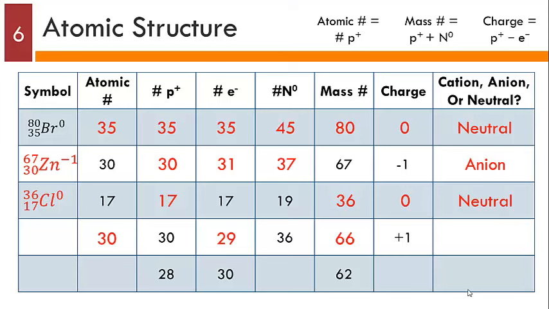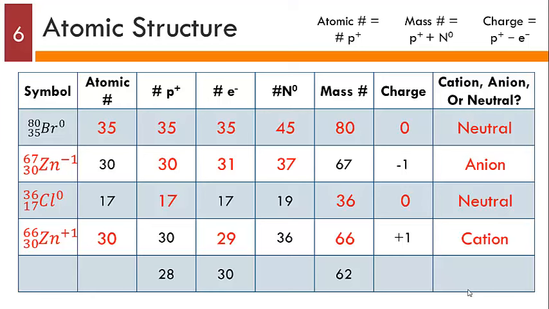So positive 30 protons plus negative 29 electrons gives me a charge of +1 for this cation. Again, I have zinc because my atomic number is 30. This time my charge is +1 and I have a mass number of 66.